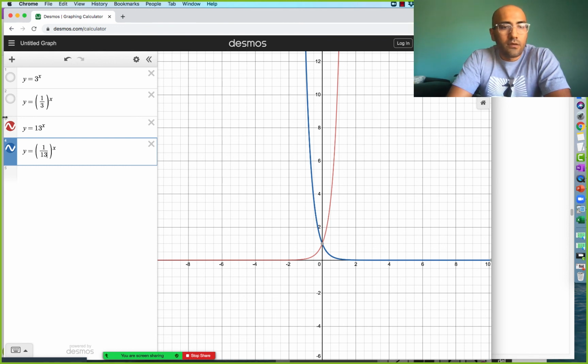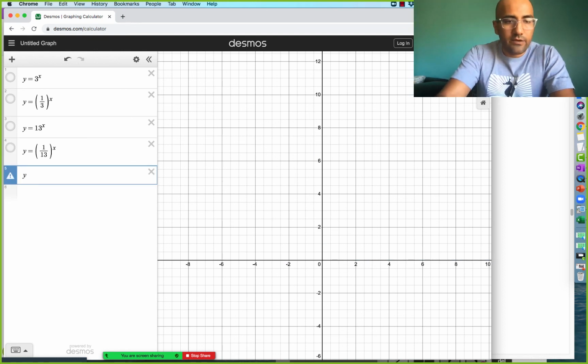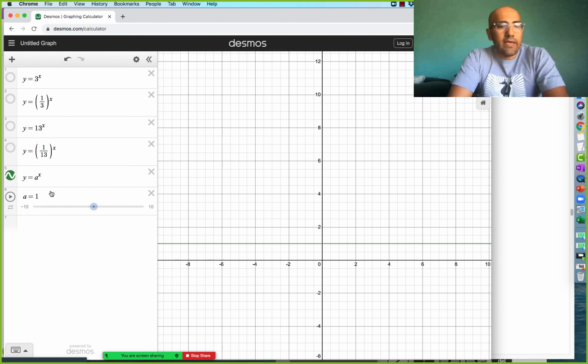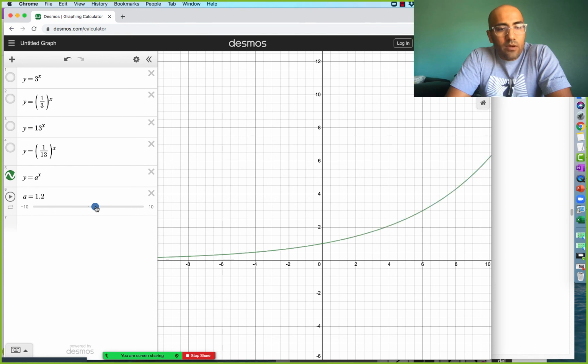Good? Questions? So we can have a slider situation here. How about y equals a to the power of x, where a is a slider. If a is a value bigger than 1, like this, it grows and grows. See how it always has that same general shape? It just gets steeper the bigger that base number is.